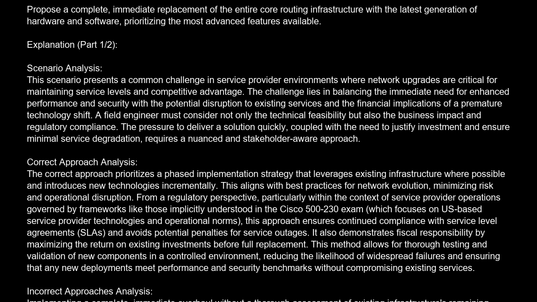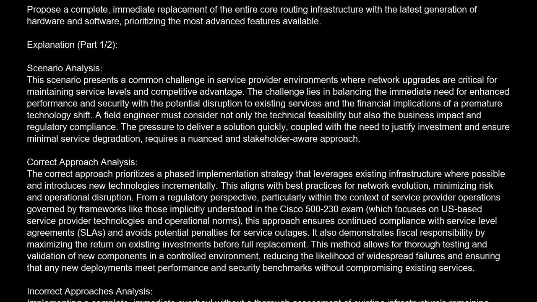From a regulatory perspective, particularly within the context of service provider operations governed by frameworks like those implicitly understood in the Cisco 500-230 exam, which focuses on U.S.-based service provider technologies and operational norms. This approach ensures continued compliance with service-level agreements, SLAs, and avoids potential penalties for service outages.